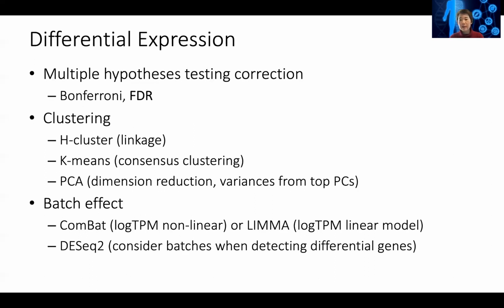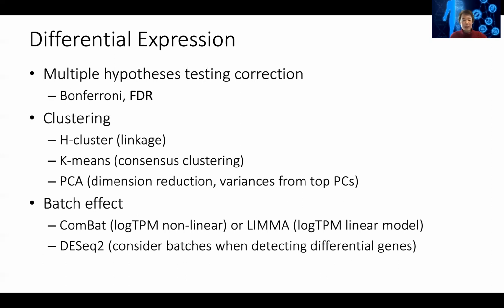For differential expression, we always face the question of how many genes we want to report as differentially expressed. Since there are tens of thousands of genes that we have to evaluate, we run into the multiple hypothesis testing issue, because every statistical test done on a gene has a small probability of making a wrong call.